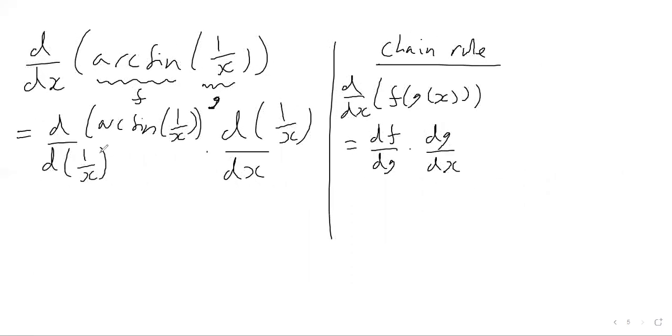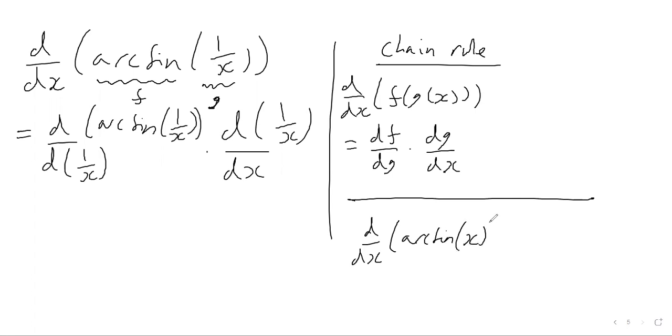Starting off with the arcsin of 1 over x function with respect to 1 over x. We know from a previous video that when we differentiate arcsin of x, the result is 1 over the square root of 1 minus x squared.